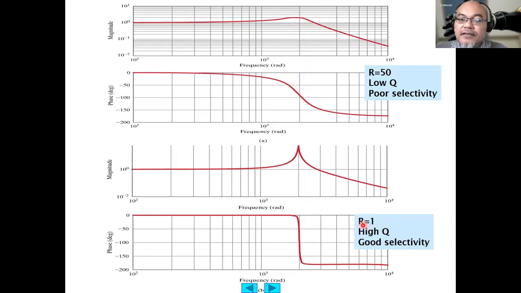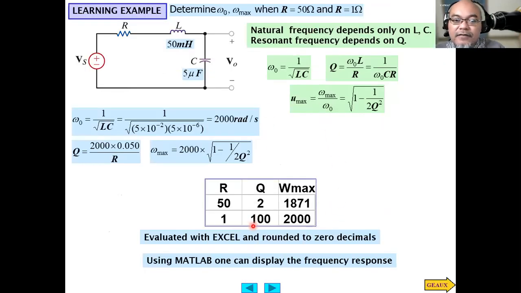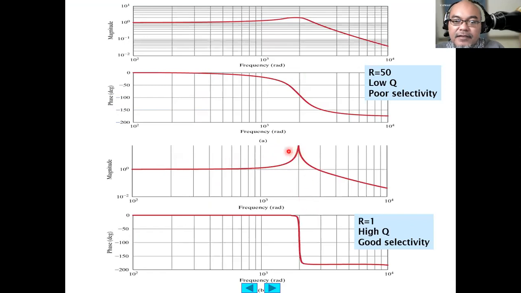But when the resistance is 1 ohm, the quality factor becomes very high, and the omega max becomes very high. Okay, so this term is almost equal to 0. That's why omega max approaches 2000, similar to the natural frequency omega 0, and with very sharp magnitude.